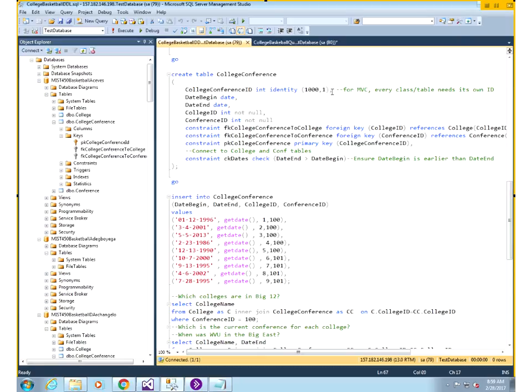Now, the only issue is when you have an identity column, it's going to just keep generating new rows. It's never going to ask, is there a duplicate? So, for example, if somebody accidentally clicks the insert button 2 or 3 times, it'll just keep inserting it.